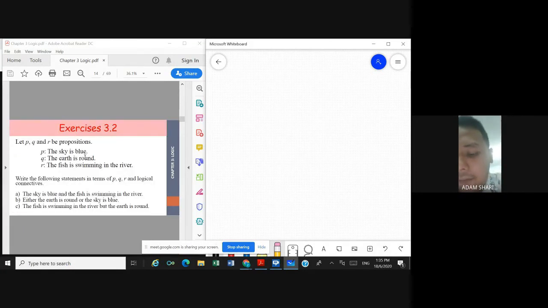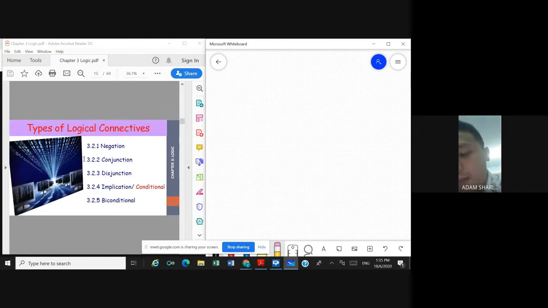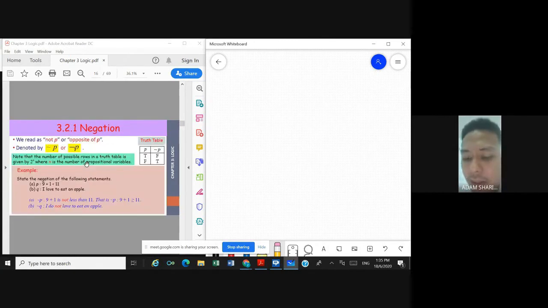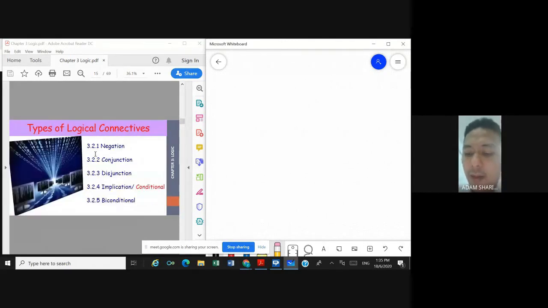Okay, we have 5. Just now I said we have negation, conjunction, disjunction, conditional, and biconditional. I will write it back because there is order of precedence. Most of you know about BODMAS. In Malaysia, we use BODMAS.